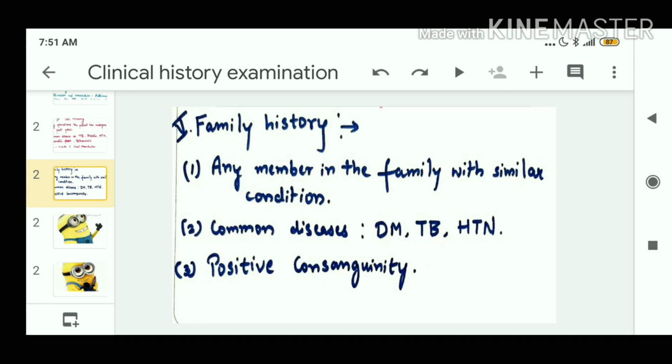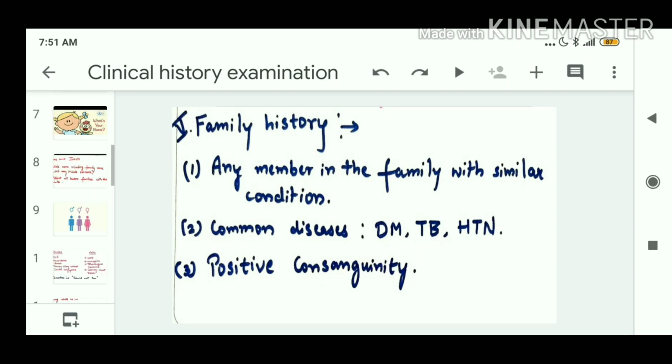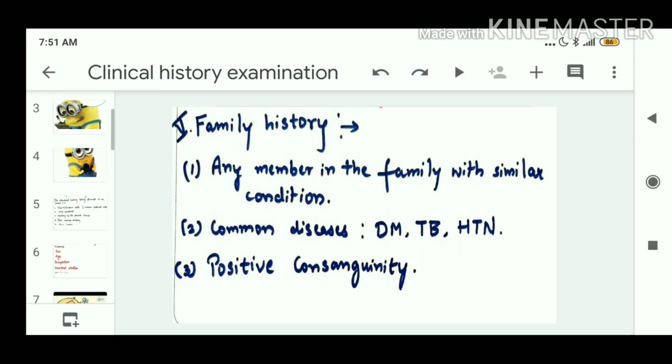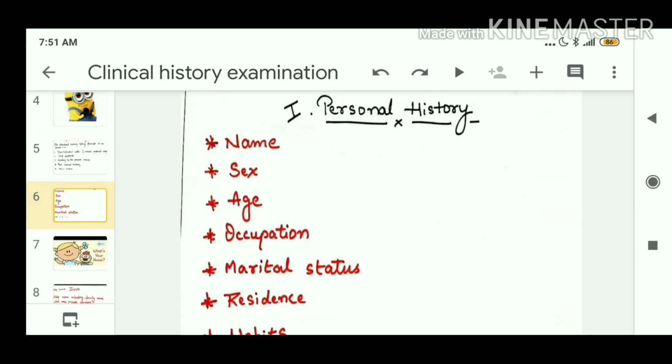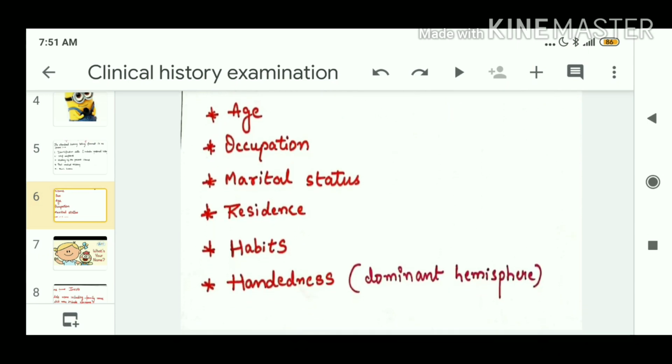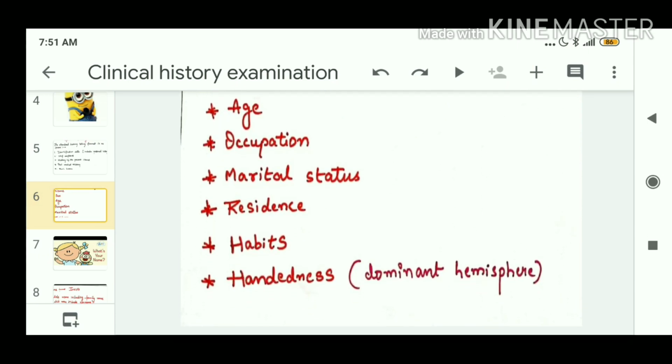So this was about the clinical history examination. First, you should take the personal history. In personal history, you should take name, sex, age, occupation, marital status, residence, habits, and handedness. Handedness is the dominant hemisphere.